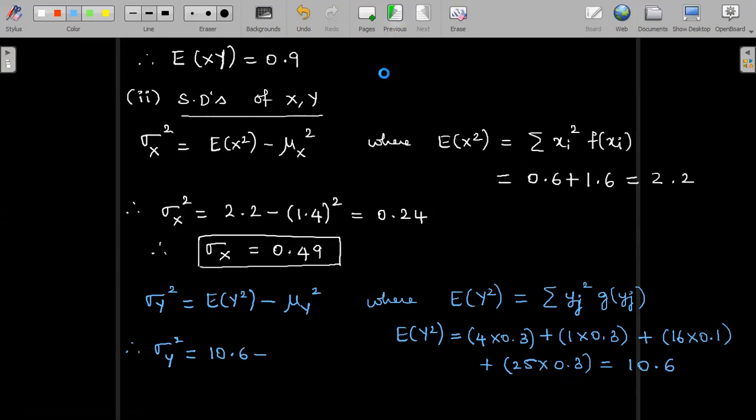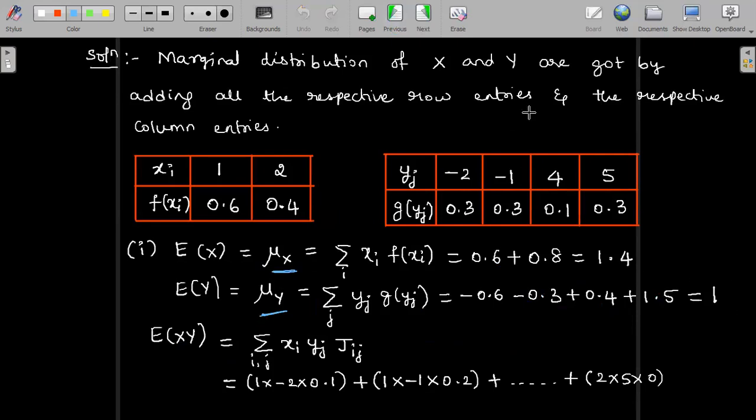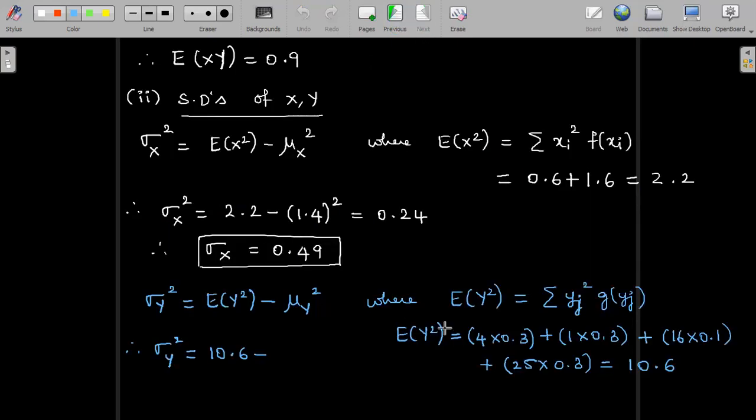Mu y is nothing but expectation of y, which we obtained as 1. So minus 1 square. So 10.6 minus 1 square will give us 9.6. So sigma y square is 9.6 and hence sigma y will be square root of 9.6, which is approximately 3.1.